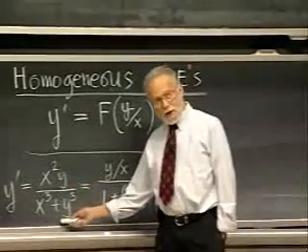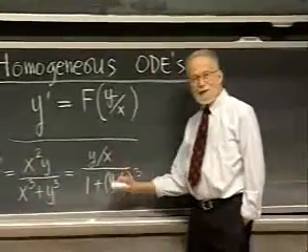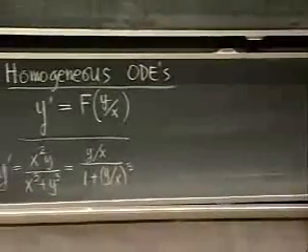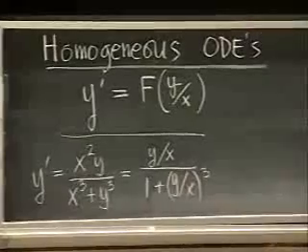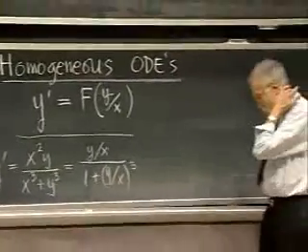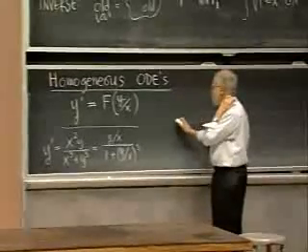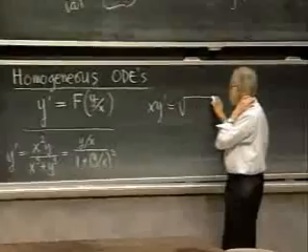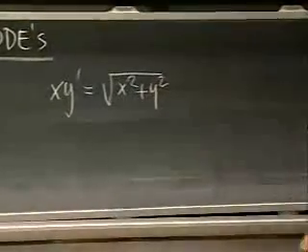So this is the way it started out looking, but you said, aha, that was a homogeneous equation because I could see it could be written that way. How about another homogeneous equation? How about x y prime? Is that a homogeneous equation?